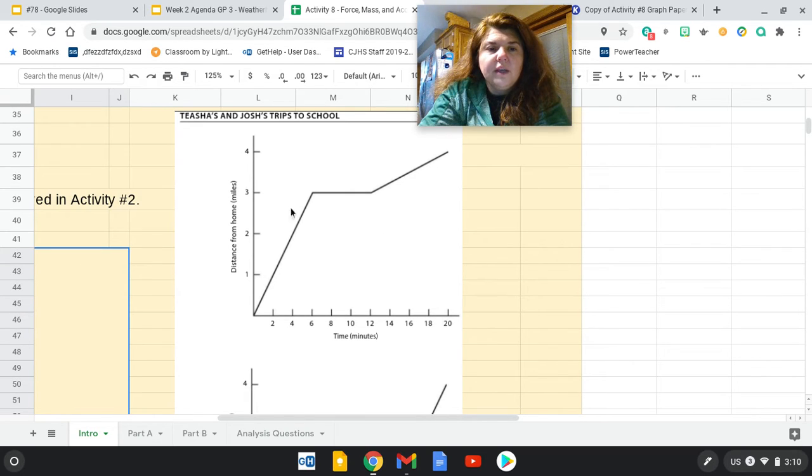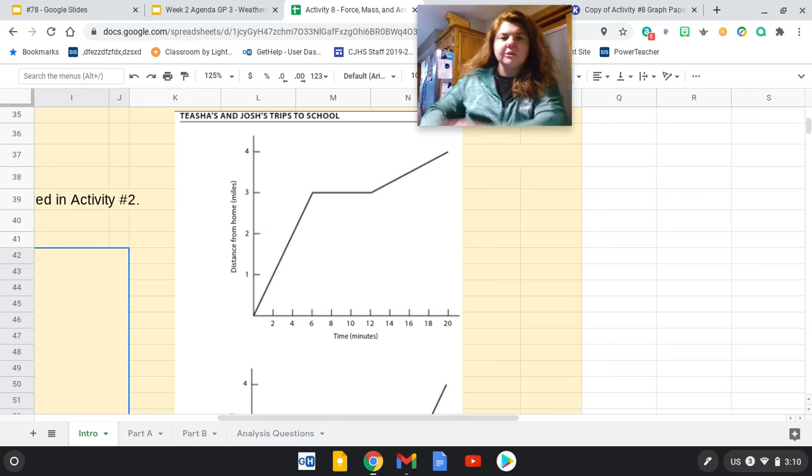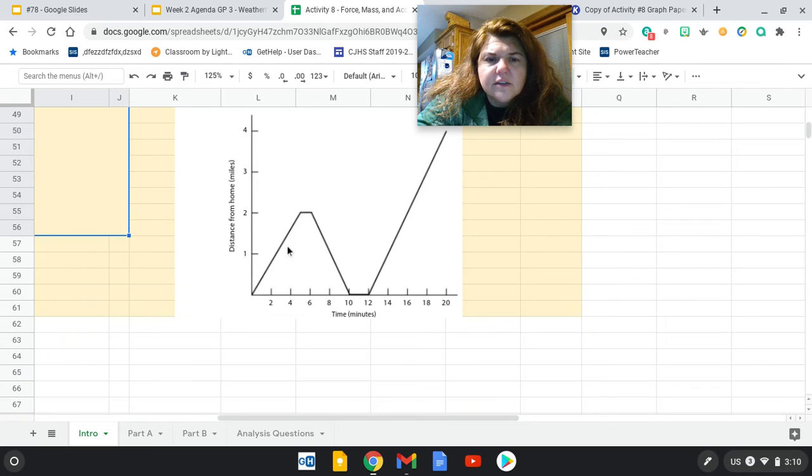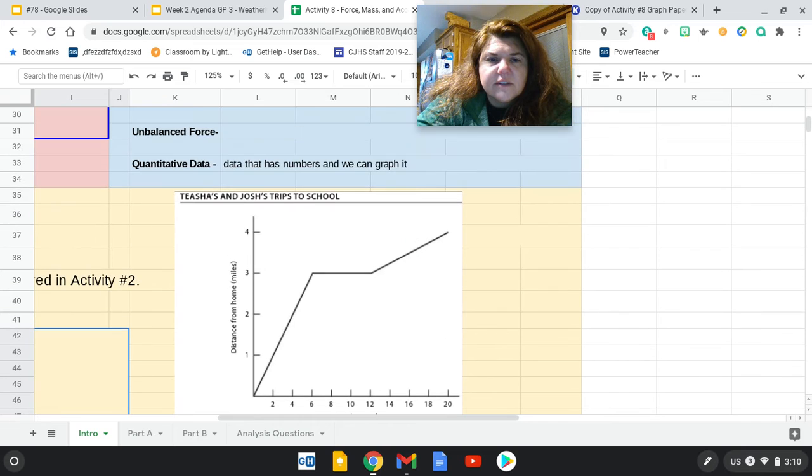We looked at graphs when we talked about Tisha and Josh heading to school. If you don't remember, Tisha and Josh are next door neighbors, and they live at the end of the street that the school is on, so it's a straight shot for them. But try to think about, what did these graphs show us?